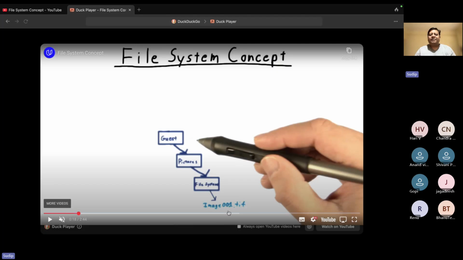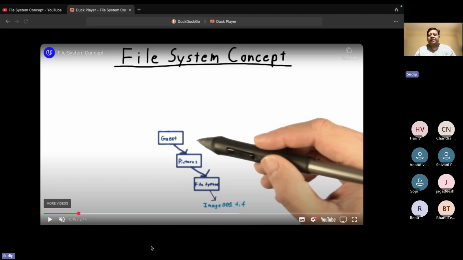So that's exactly a file system. And it is the file system which gives the instructions to the hard disks underneath it to tell the actuator arm which track, which cylinder to read or write from.